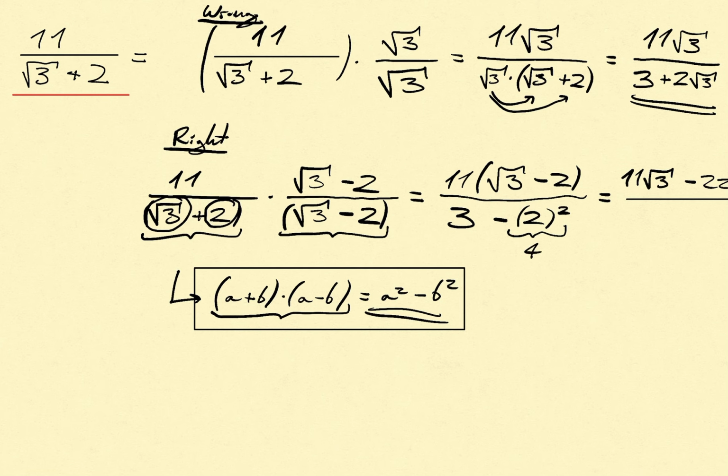So 3 minus 4 will be equal to minus 1. And if we want to completely finish this, we could say 22 minus 11 times square root of 3 over 1, or over nothing. This would be our final result.